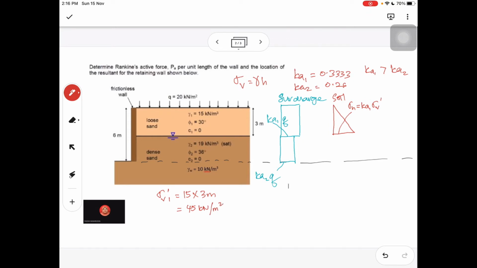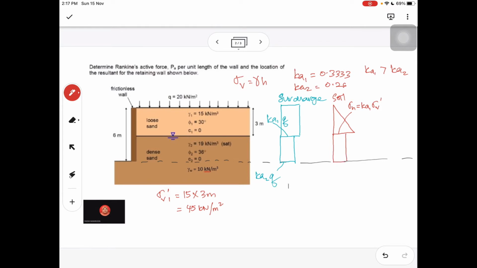Then this layer 1 is considered as a surcharge to the soil under layer 1. Beneath, this layer, the loose sand, will be considered surcharge for the dense sand. So we have to draw something like this, a rectangular.